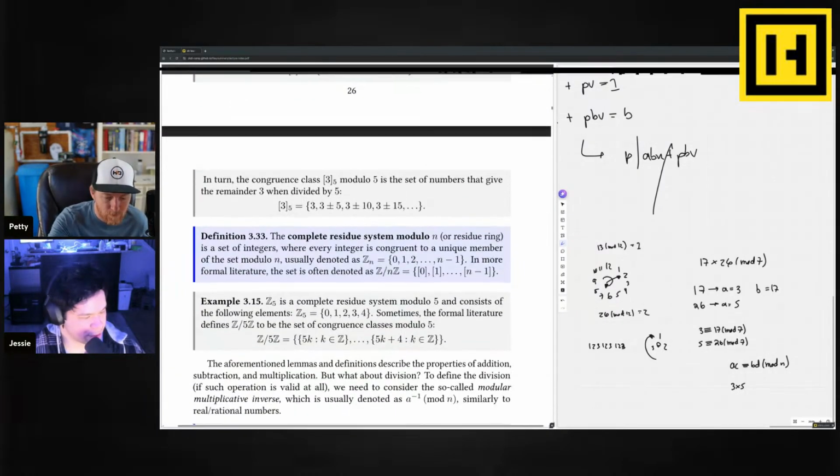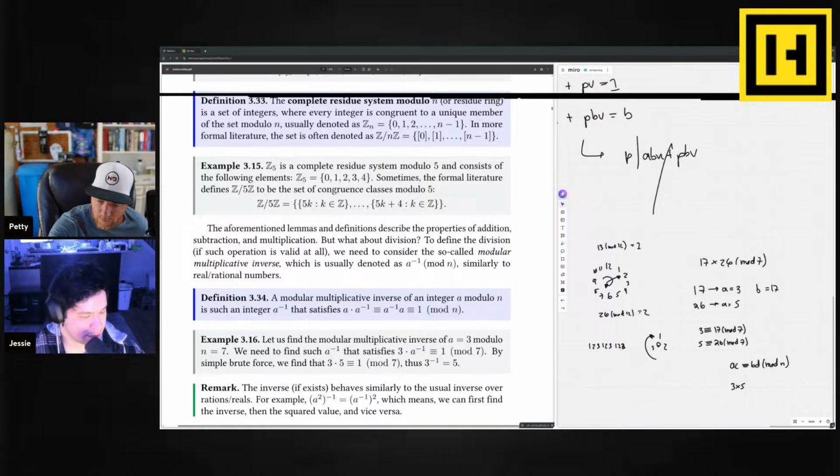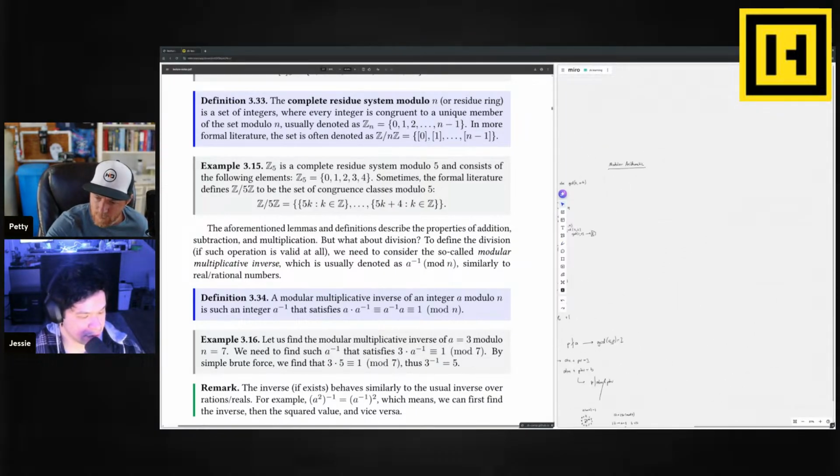Definition 3.33. The complete residue system modulo n, or residue ring, is a set of integers where every integer is congruent to a unique member of the set modulo n, usually denoted as Z sub n equal to the set 0, 1, 2, all the way to n minus 1.